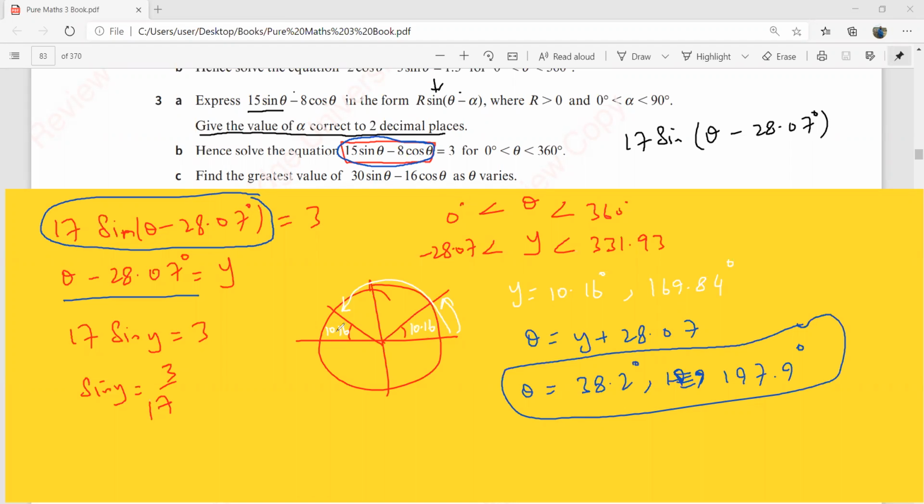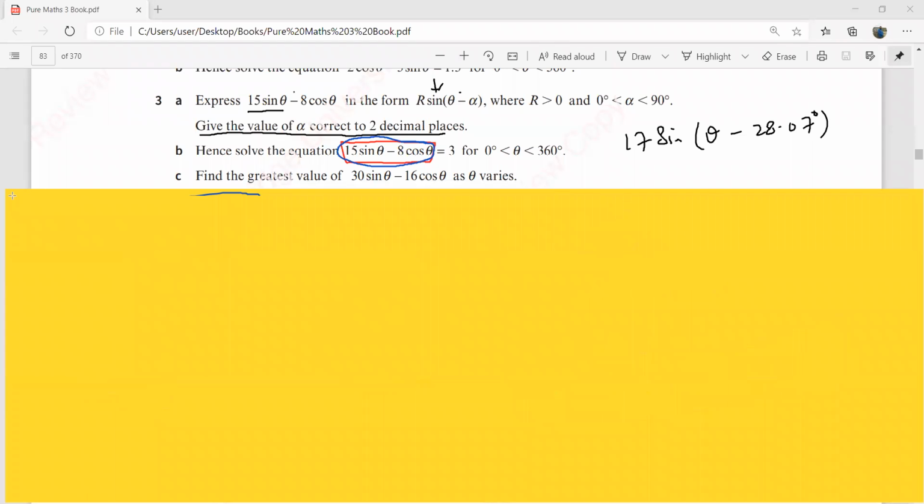Now see the third part. It says find the greatest value of 30 sine theta minus 16 cos theta. He is asking for the maximum value of 30 sine theta minus 16 cos theta.